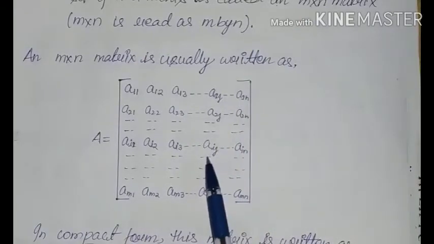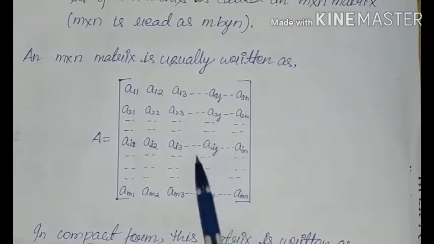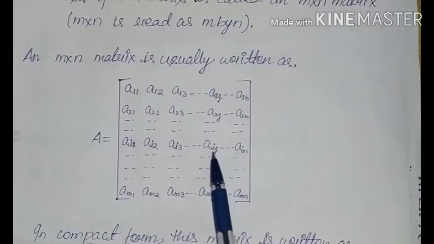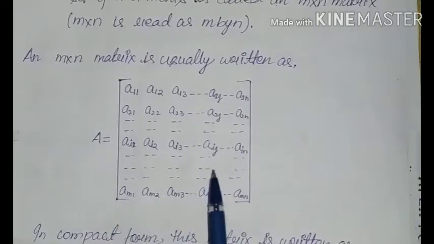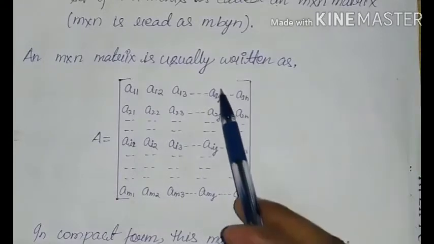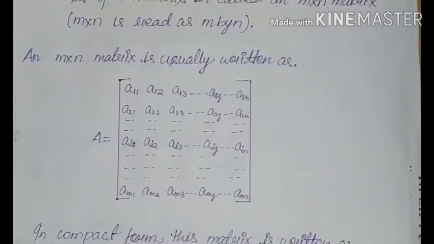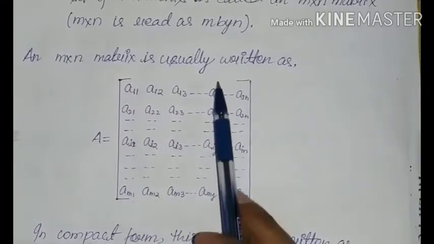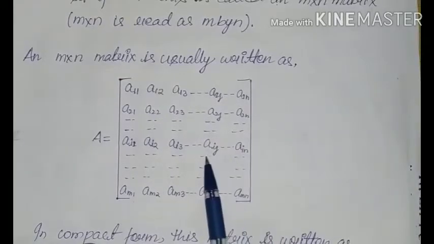And so on. This one is Aij, an arbitrary element of a matrix A, that is Aij, means ith row and jth column.